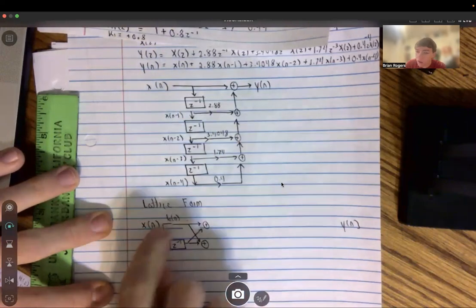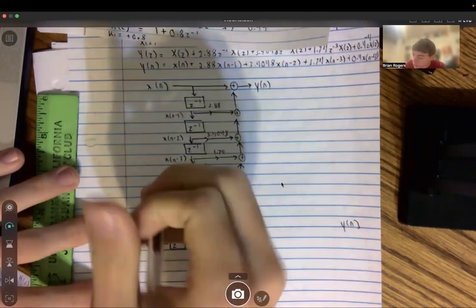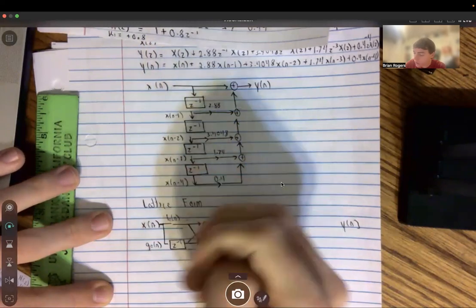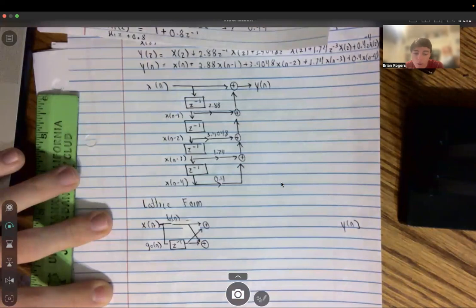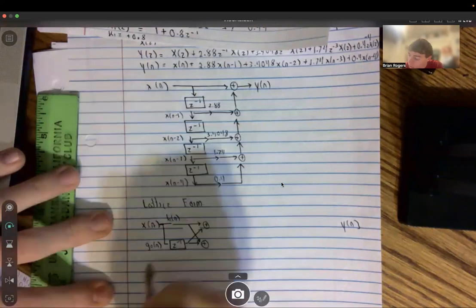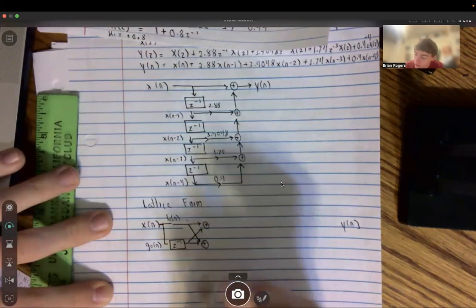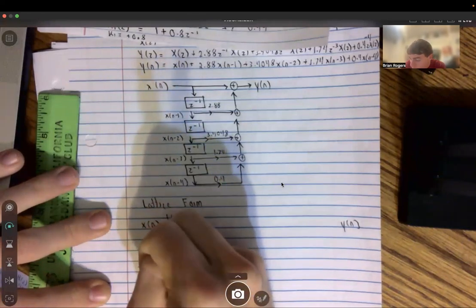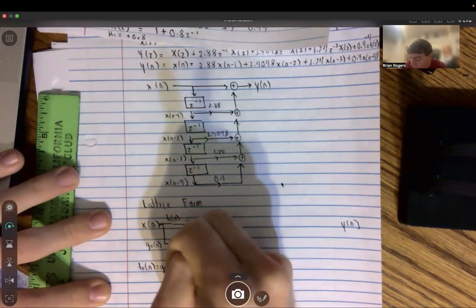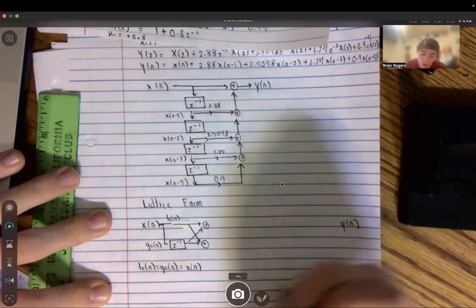These two come from x of n, which feeds in and breaks off into f0 of n and g0 of n. So f0 of n equals g0 of n, which equals x of n. They're both equal to the input signal.